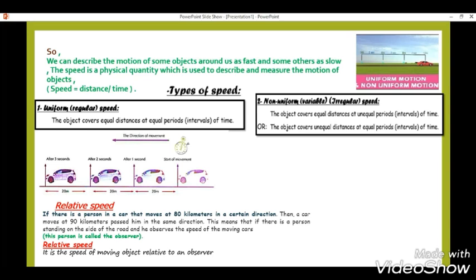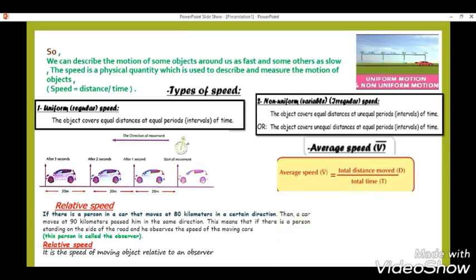For example, we have 20 in the first distance and 22 in the second distance, so we have 20 plus 22, divided by the total time, 1 second plus 1 second. It's the total divided by the total, it's average speed. So the average speed equals total distance divided by total time.